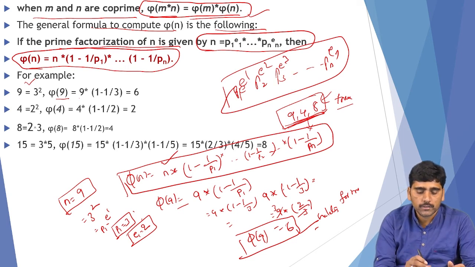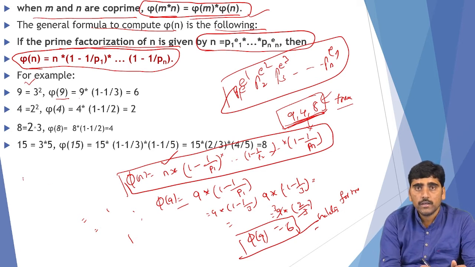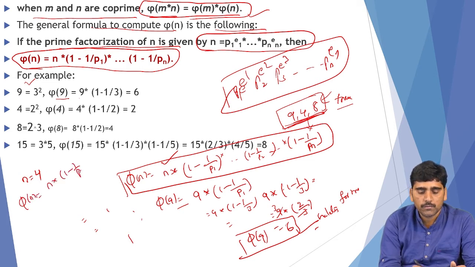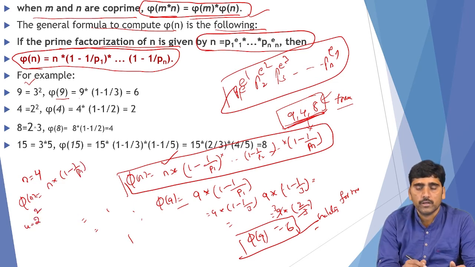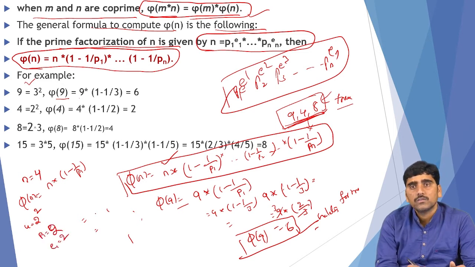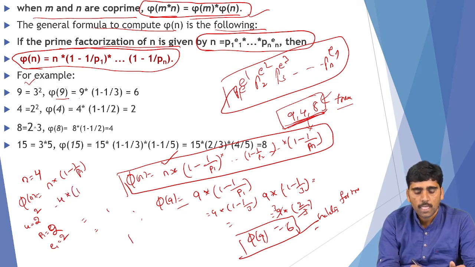Similarly, take the next value, n equals 4. So phi of n equals n into 1 minus 1 by p1. Here 4 you can write as 2 square, so p1 equals 2 and e1 is also 2. Substitute these two values in the formula: 4 into 1 minus 1 by 2, which is 1 by 2.